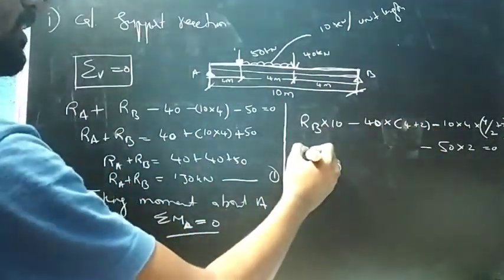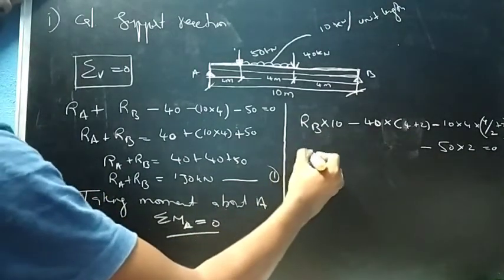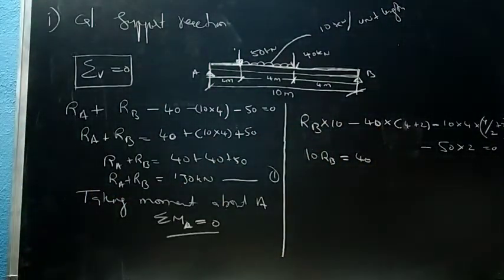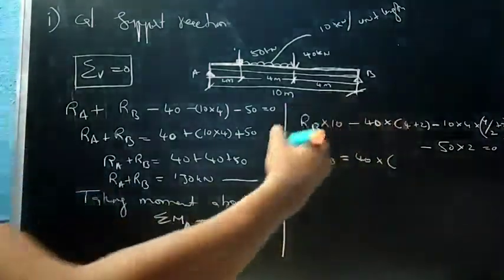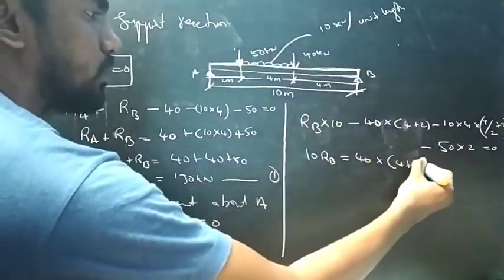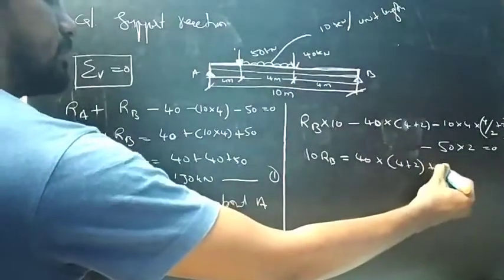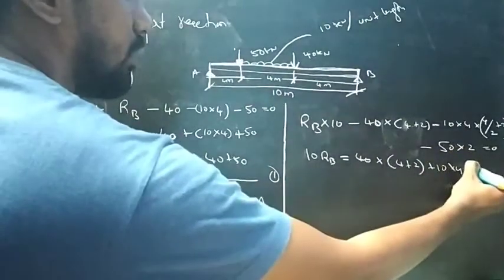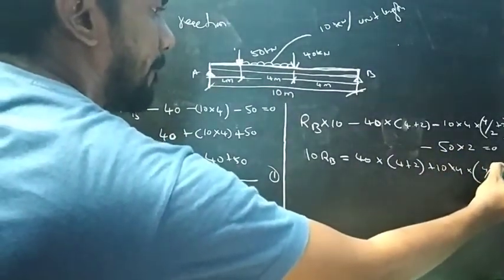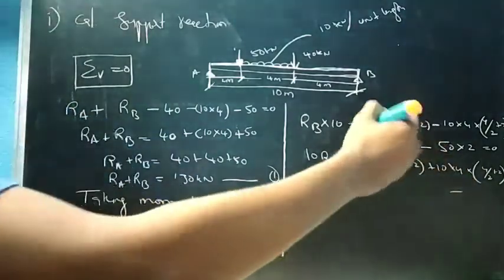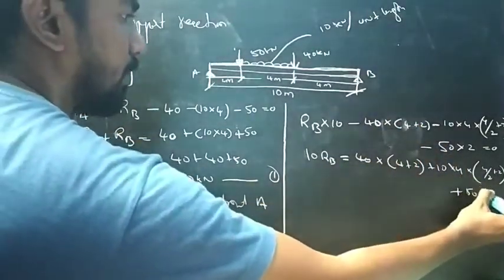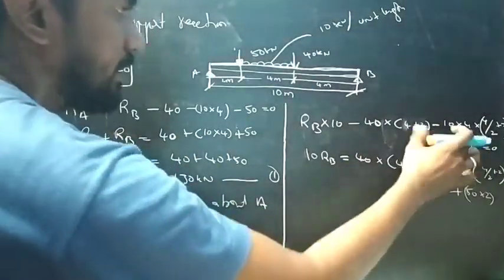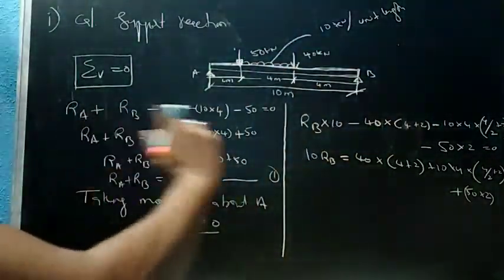From this we can write 10 RB equals 40 into 4 plus 2 plus 10 into 4 into 4 divided by 2 plus 2 plus 50 into 2, right? So I am bringing this to the right hand side.